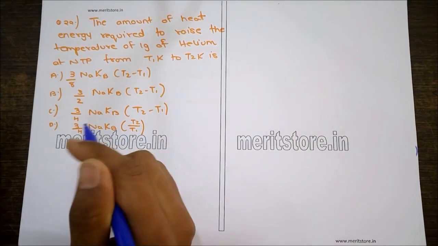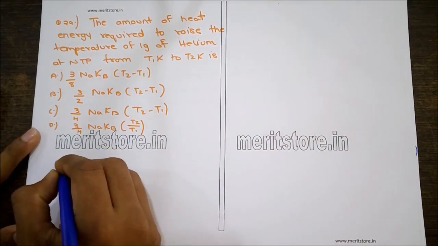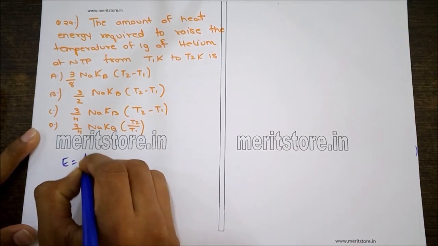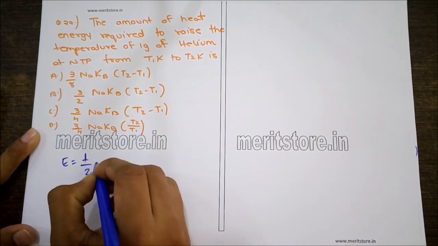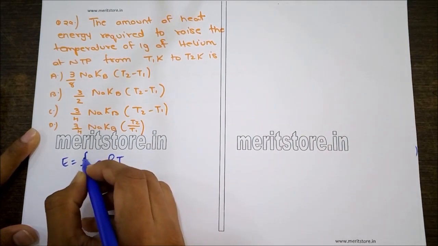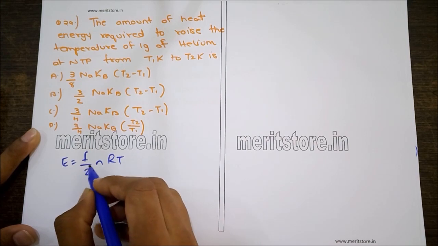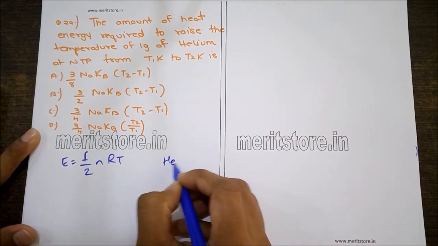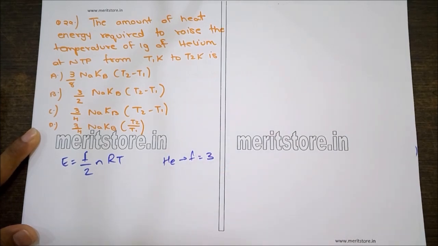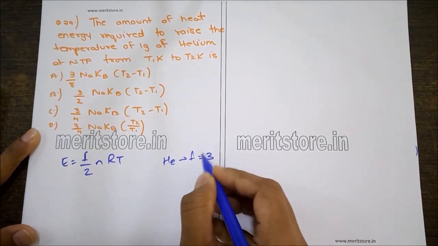Now the amount of energy required, or the internal energy, is given by E is equal to F upon 2 nRT. Where F is nothing but the degrees of freedom, and for helium He, the degrees of freedom F is equal to 3, since it's a monoatomic gas.